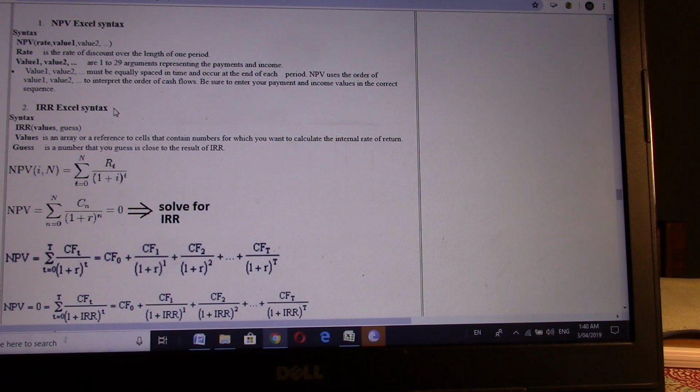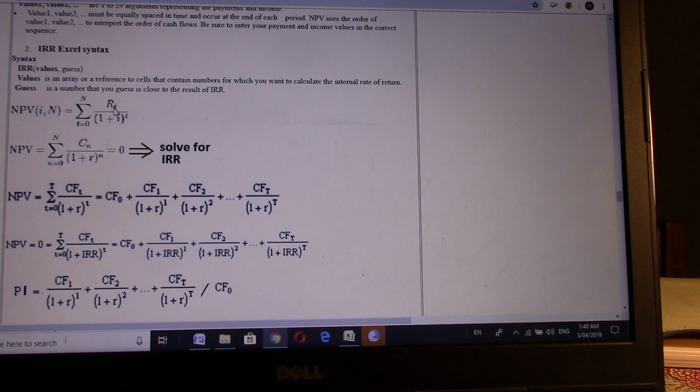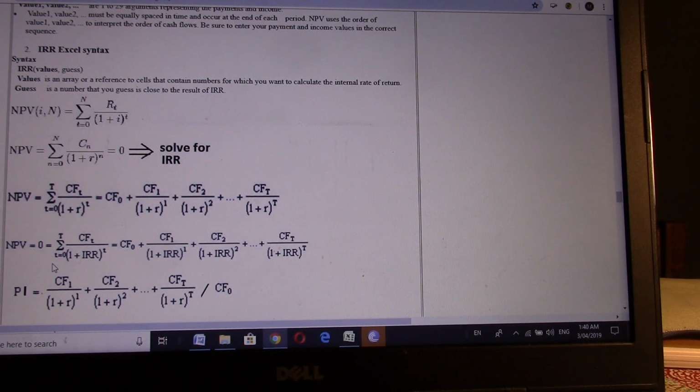IRR stands for internal rate of return. This is the equation for IRR. When NPV equals 0, that cost of capital or that rate is IRR. So you can work out this math equation to figure out how much IRR is.